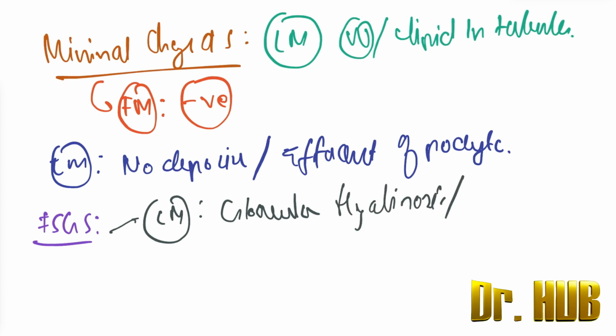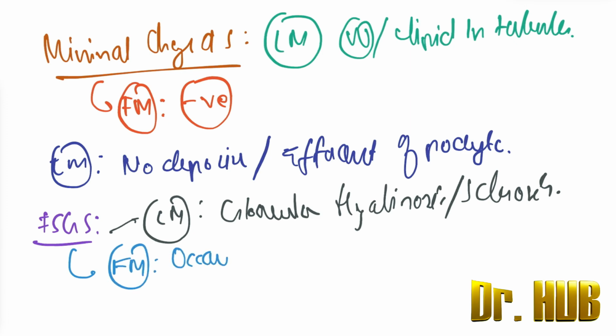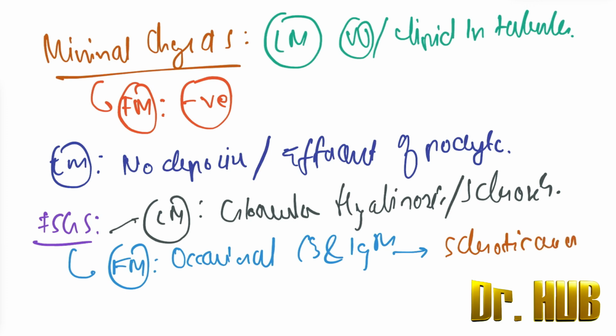Then comes the fluorescence microscopy. In FSGS, there are occasional C3 and IgM deposits, and these deposits are present in the sclerotic areas and the mesangium.